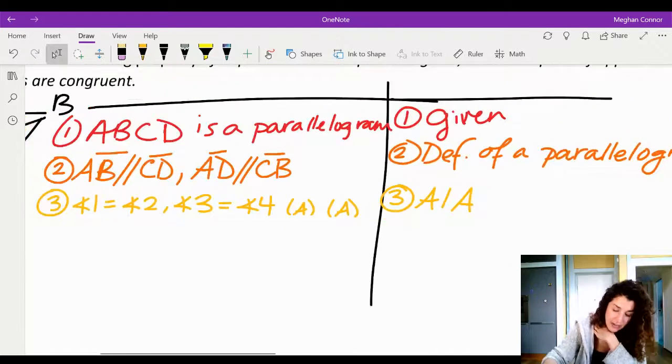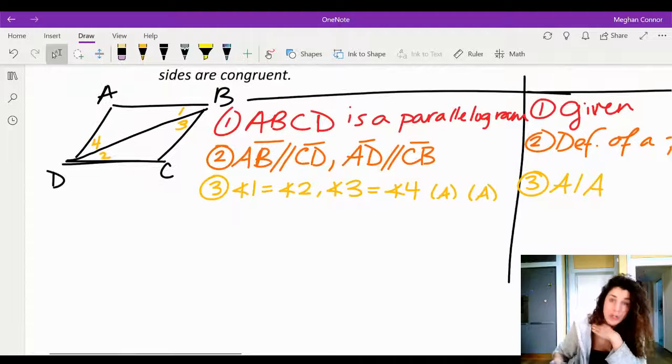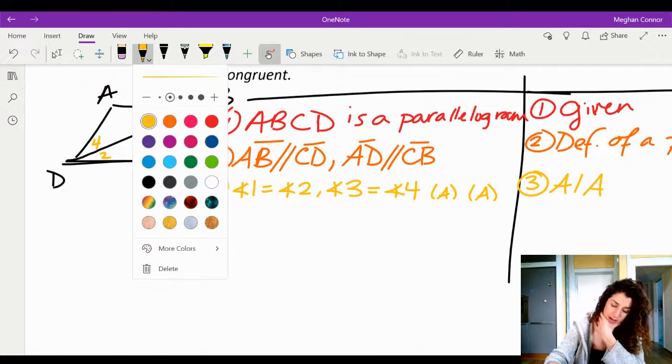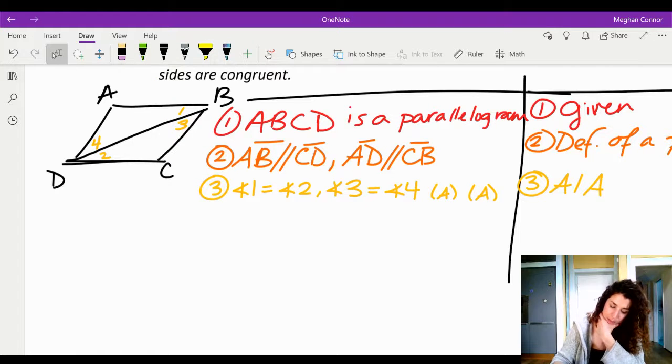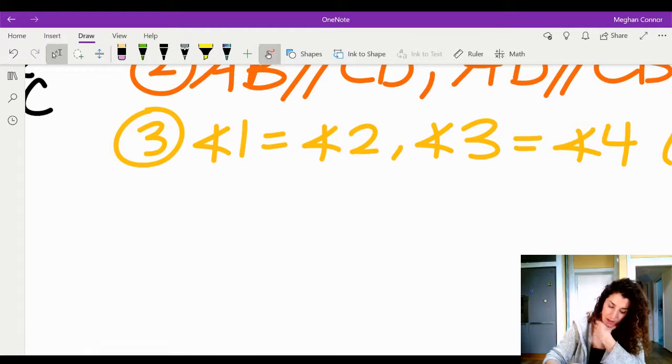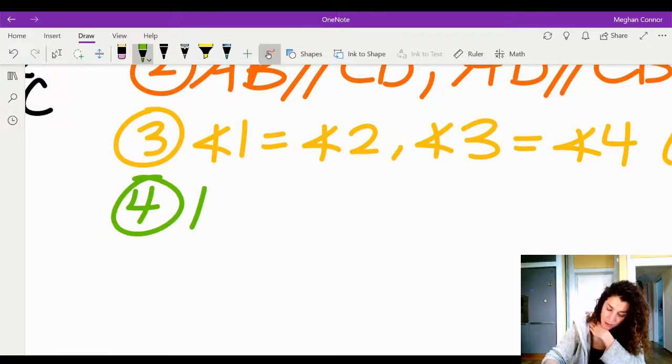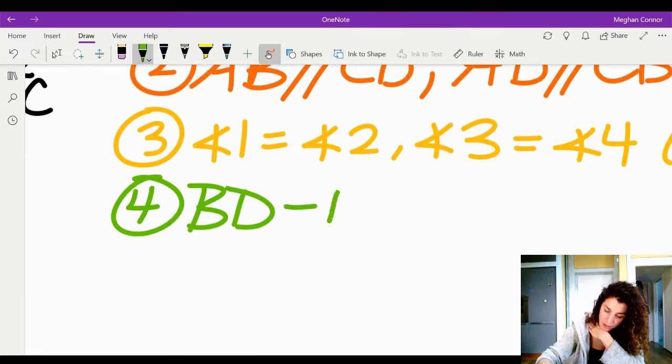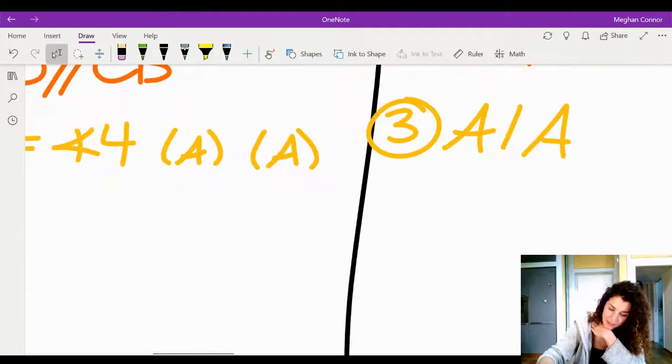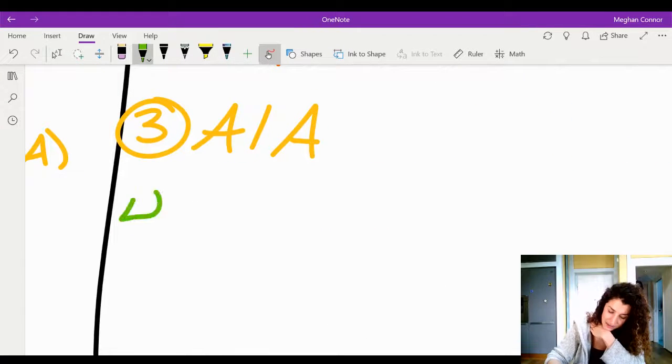I need to have a side length between those 2 angles in order to prove that the triangles are equal to each other. Thankfully, I have my reflexive property here: BD. They are equal to each other because of the reflexive property.